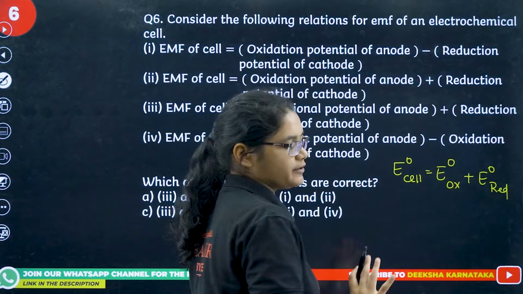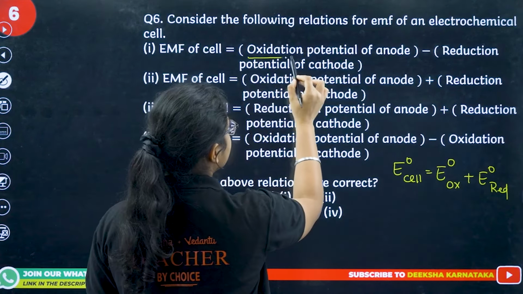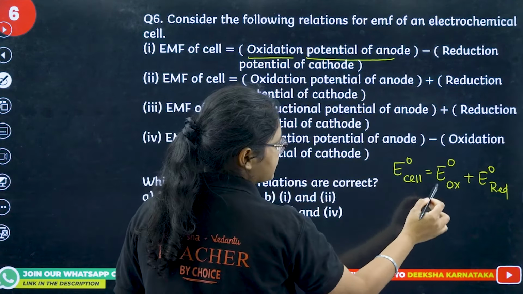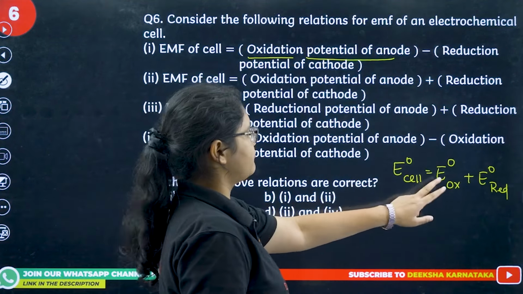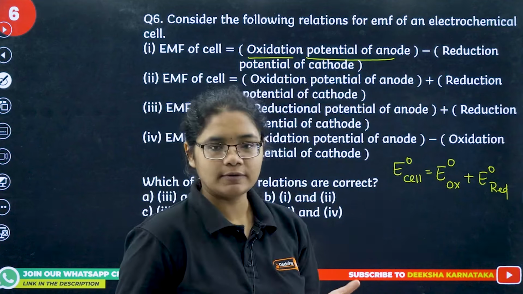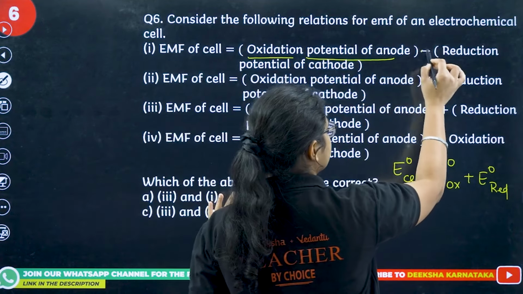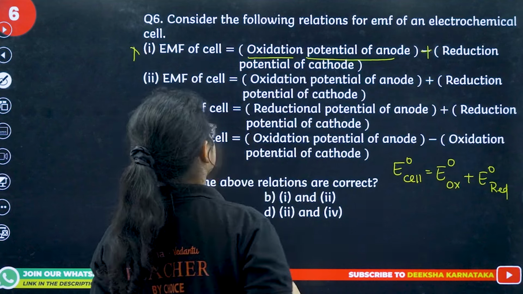That is the general formula. Now let's see the first one: EMF of the cell is equal to oxidation potential of anode minus reduction potential of cathode. Oxidation takes place at anode. No, it is not minus reduction potential, it is plus reduction potential of cathode. So this equation is wrong.